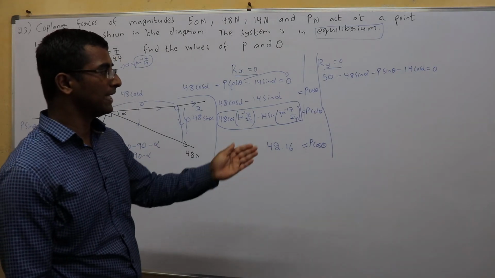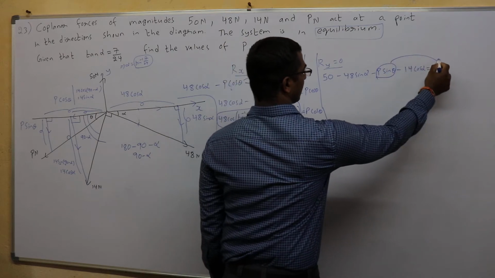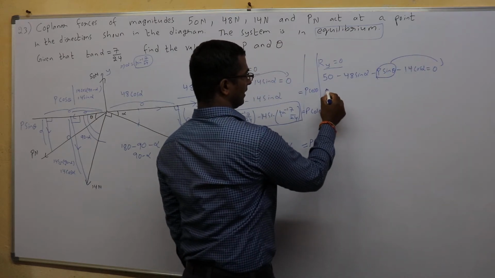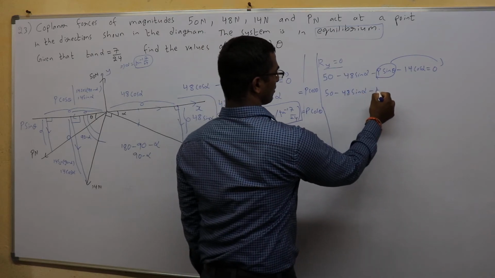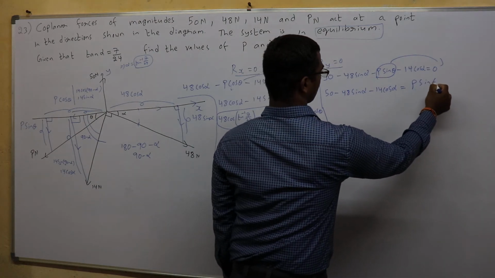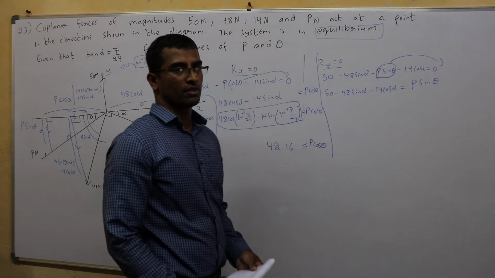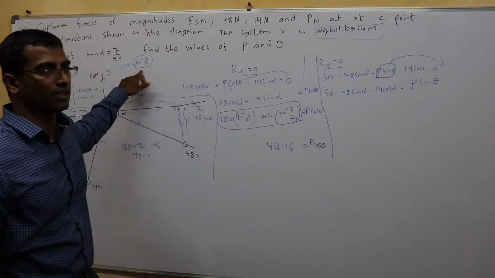Clear? So make P sin theta the subject. Send it to the other side. This side will be 50 minus 48 sin alpha minus 14 cos alpha equal to P sin theta. Now replace the alpha value by the given one.